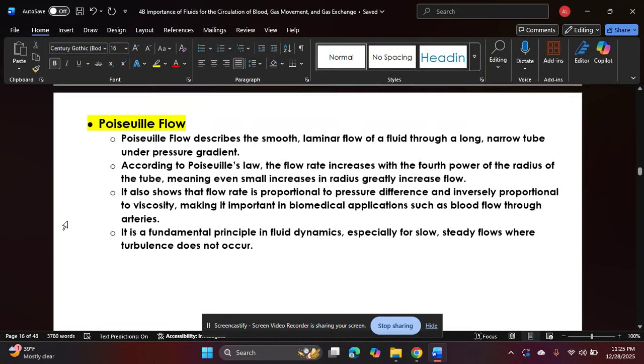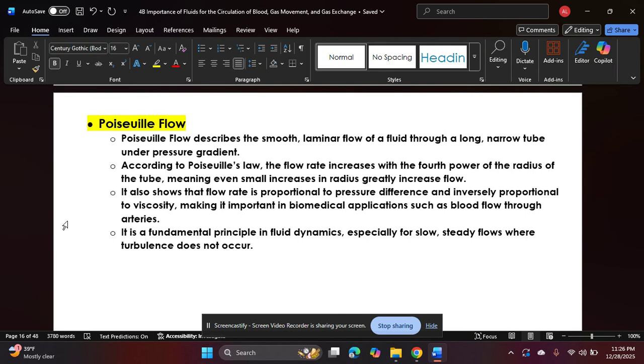Poiseuille's flow. Poiseuille flow describes a smooth laminar flow of fluid through a long narrow tube under a pressure gradient. According to Poiseuille's law, the flow rate increases with the fourth power of the radius of the tube. Very important, incredibly important for the MCAT. Meaning even small increases in radius greatly increase the flow.